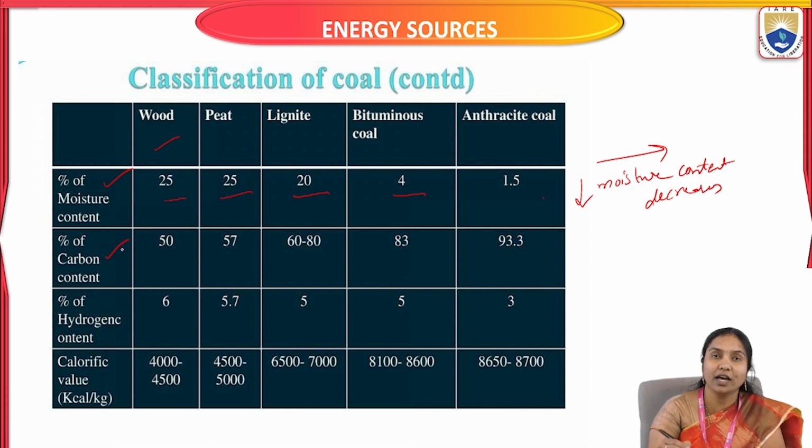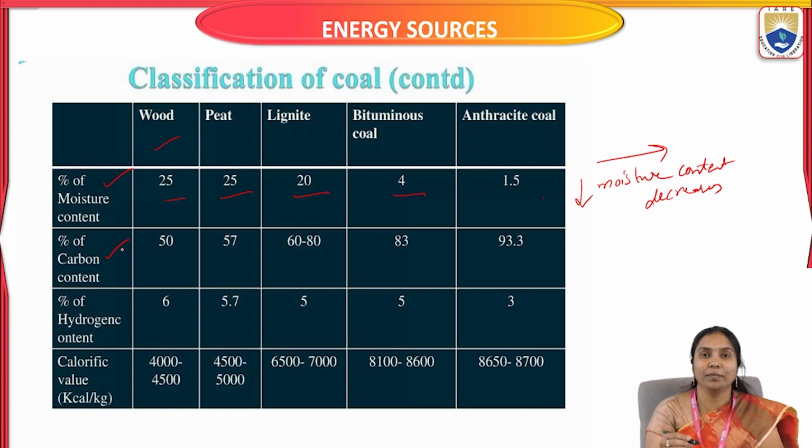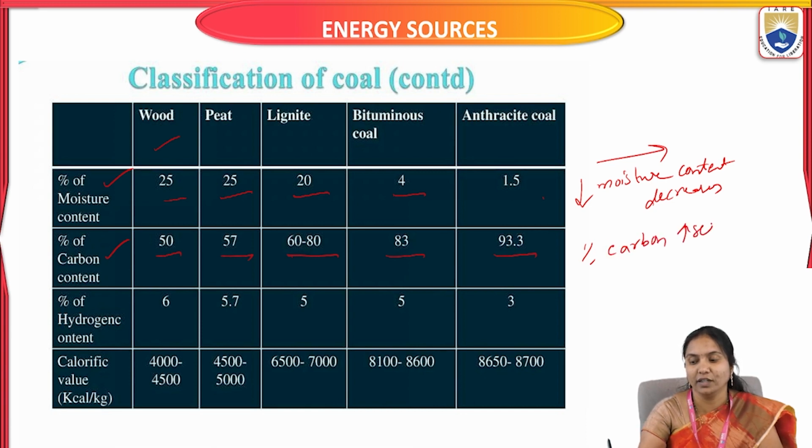The second one is carbon content. Wood contains 50% carbon, peat 57%, lignite 60 to 80%, bituminous coal 83%, and anthracite coal 93.3%. So from wood to coal, the percentage of carbon increases.